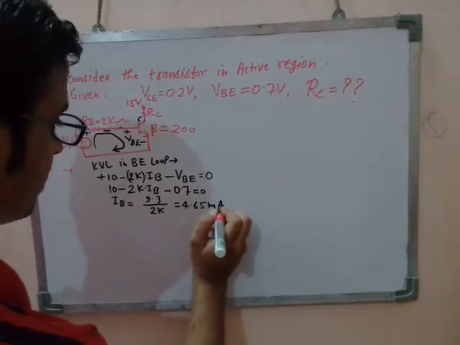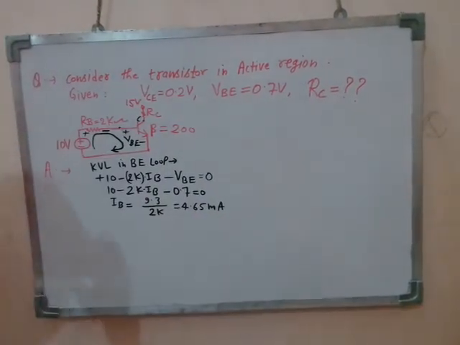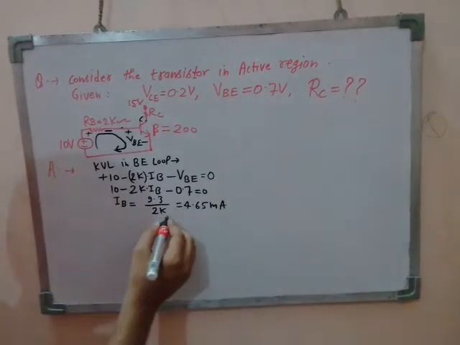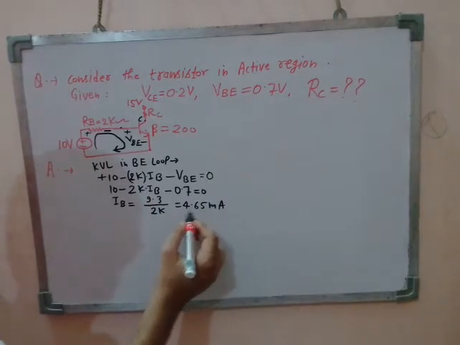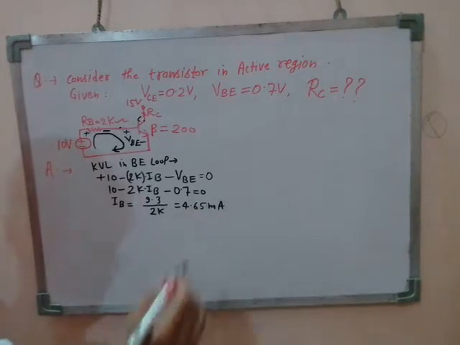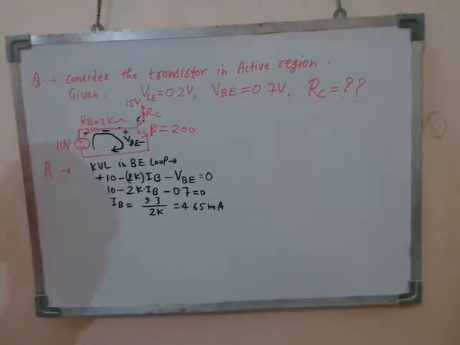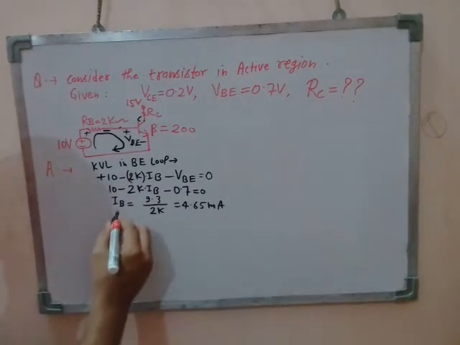Milliampere means 10 to the power minus 3 ampere and K means 10 to the power plus 3. So this is the base current, 4.65 milliampere.